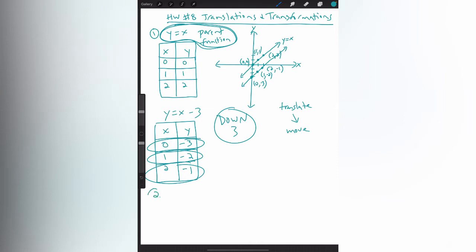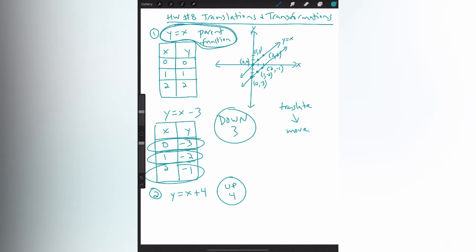But look at number 2. Number 2 gives me y is equal to x plus 4. Now, this is a plus 4 at the end, so I'm going to move all of my points up 4. All right, so I'm going to go ahead and graph it. Maybe I'll do it on the same graph as up here.